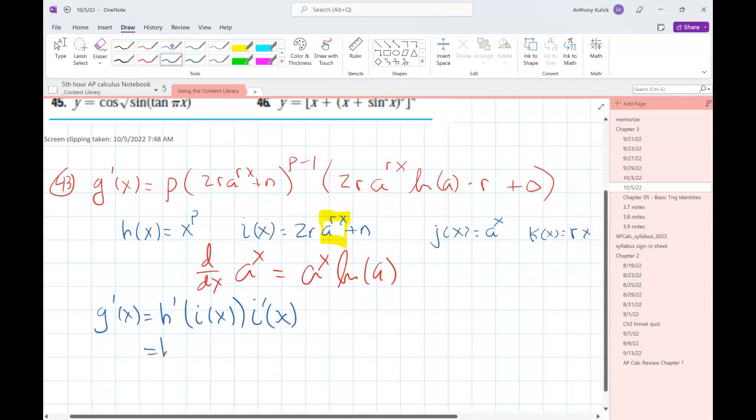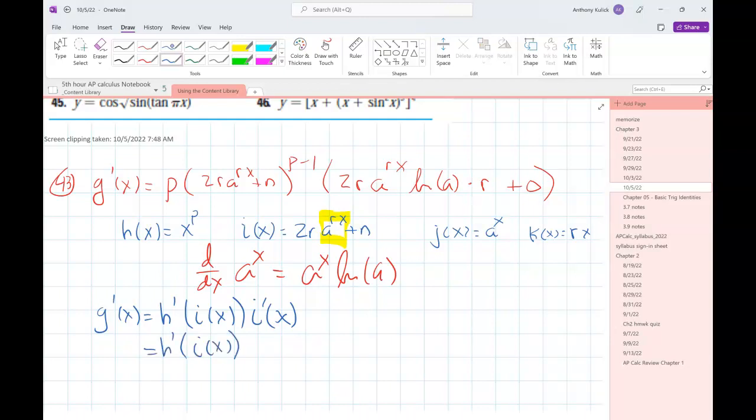So when I do that, if I'm doing the derivative of i of x, I would have 2r, and then the derivative of j of k of x, times the derivative of k of x, and then I'd still have plus the derivative of n, which would just be 0.